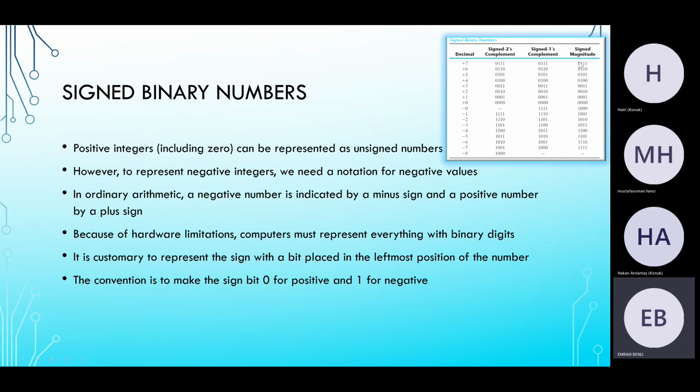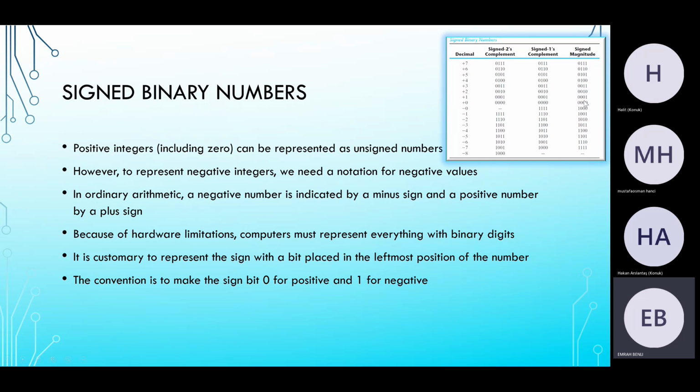But the leftmost one, 0, is our sign bit. If it is 0, it is positive. And here, 1, 1, 1 with a 1 at the beginning means it is negative 7.